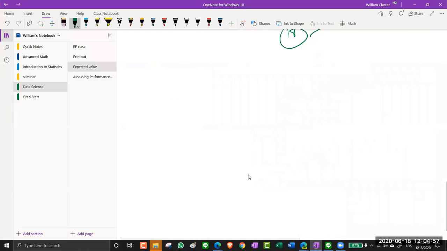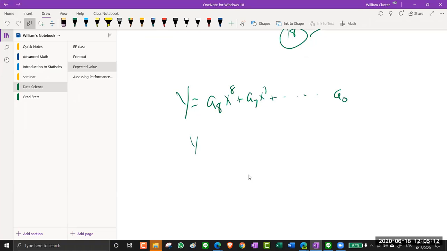So here's a model, y equals a8x8 plus a7x7. That's a pretty complicated model, right? So we could go down to a7x7 plus a0. That's a little bit less complicated model.